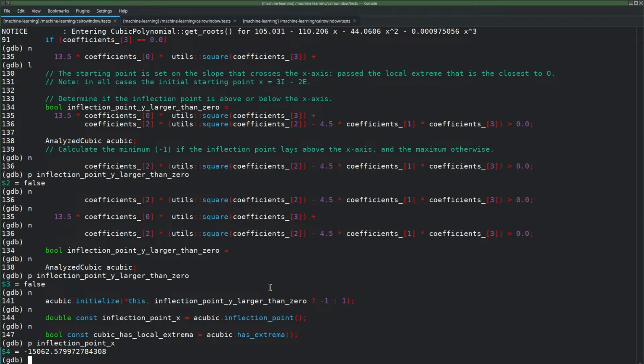Oh, well, that makes our minus 30,000 indeed on top of the local minimum. Okay, that's not what I want. So I wonder how that had happened then. It's weird. But okay, now we know where the inflection point is.